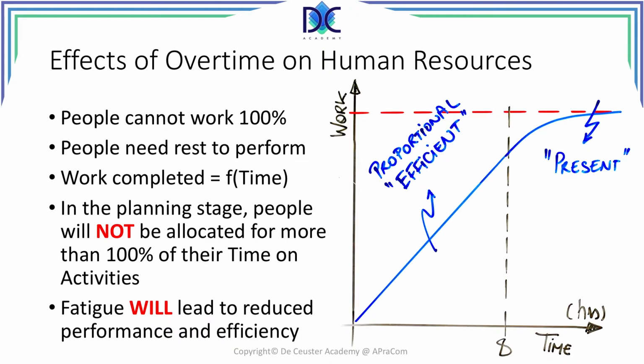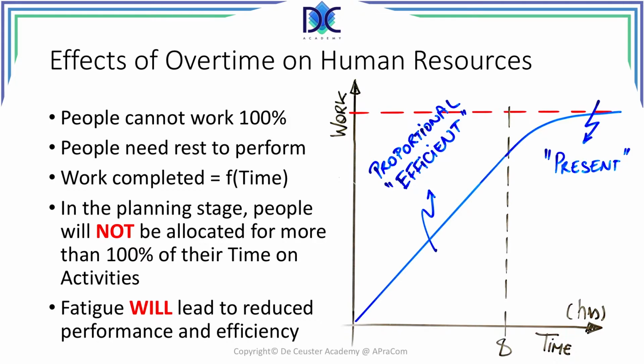They provide work which is proportional to the time that they are in the office or working on the project. Once the resources exceed that normal time and start working in overtime, their efficiency slowly reduces up to a moment where they are just present and do not perform anything anymore.